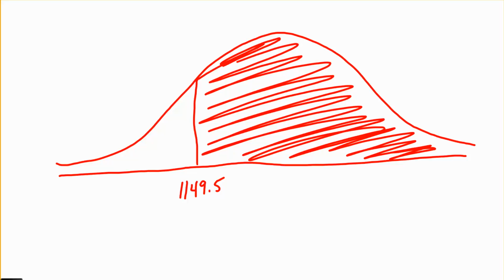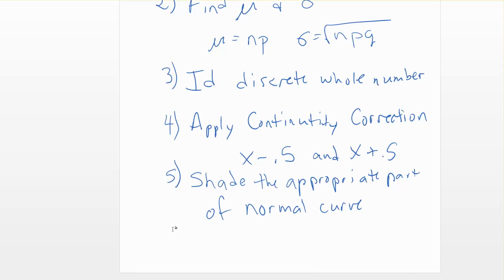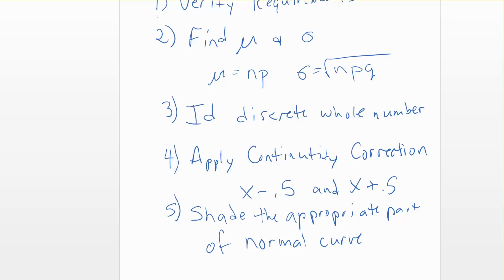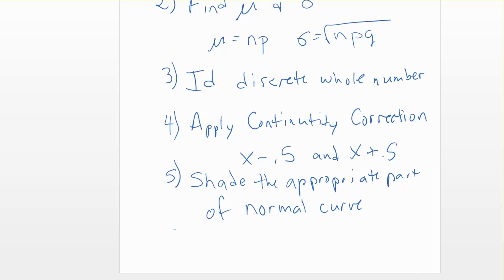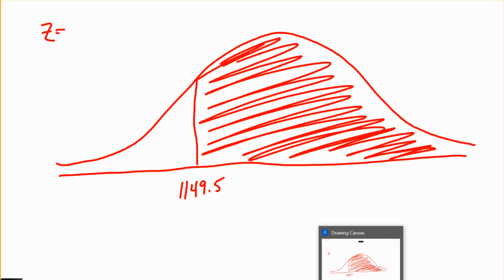So the last thing we need to do in our procedure is to find the z-score and the probability. And I think most of you are probably looking at the drawing canvas right now saying, well, I kind of know what to do from here. If we need to find a z-score, our z-score is our random variable x minus mu divided by the standard deviation.